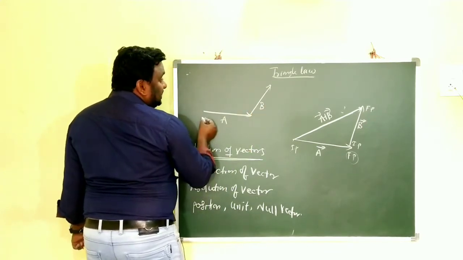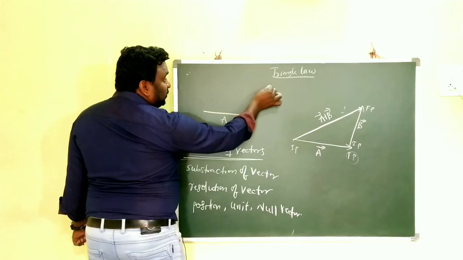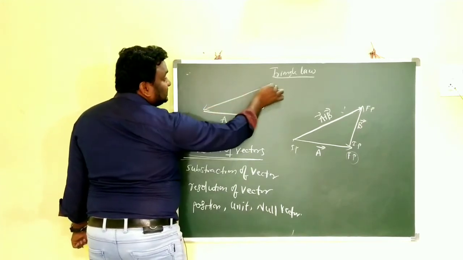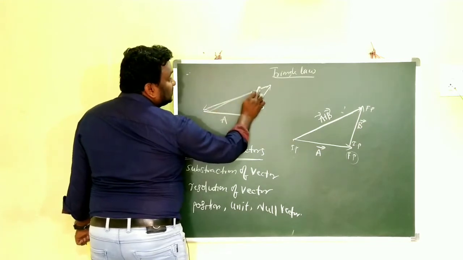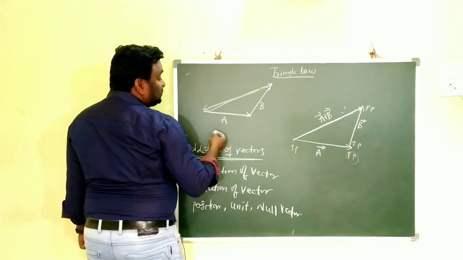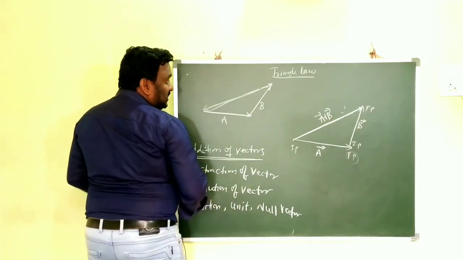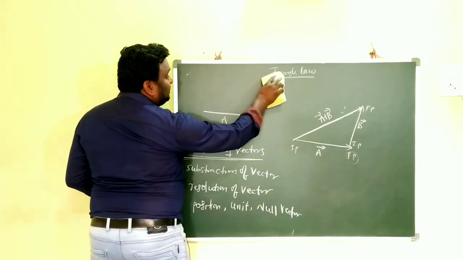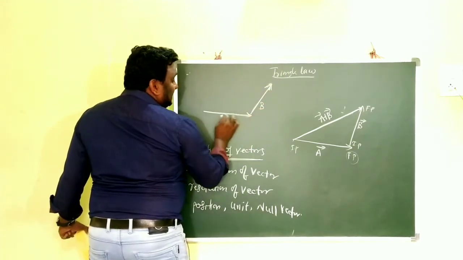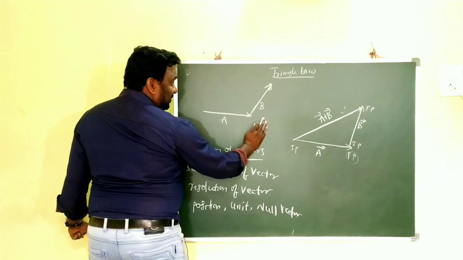And after that, how can we add? If you want to add some more vectors, it should be like this: its initial point must be given to the final point. But in this case we have to give it in reverse. Clear? So that is A plus B. Got my point, children? A and B are joined properly.